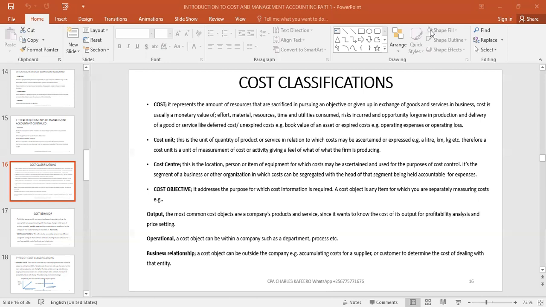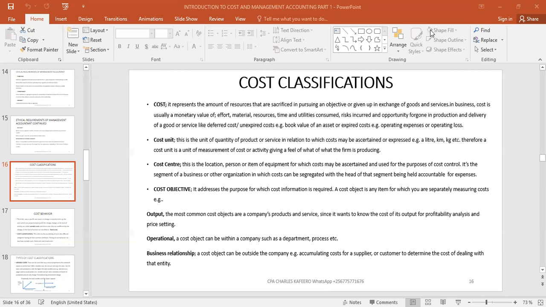That department can be, let's say, a production department, which has a production manager. That production manager is the one responsible for the costs incurred in the production department itself. That's what we call the cost center. It's like a collection point, a pool where we allocate and ascertain those costs we've incurred in that particular department.